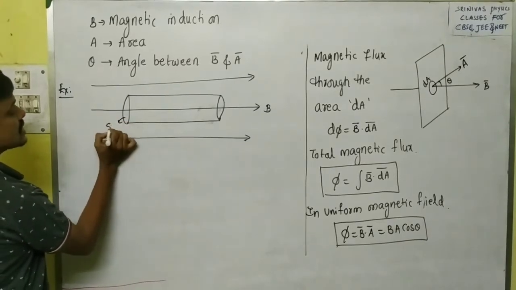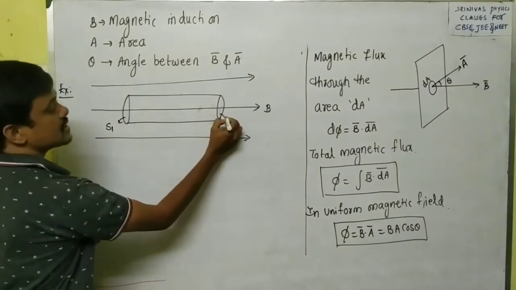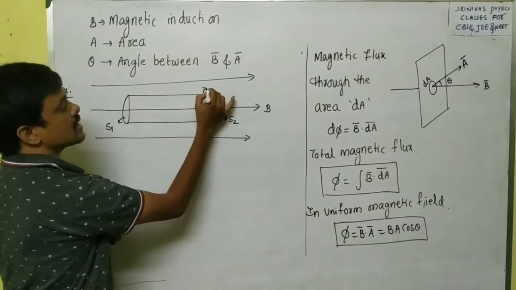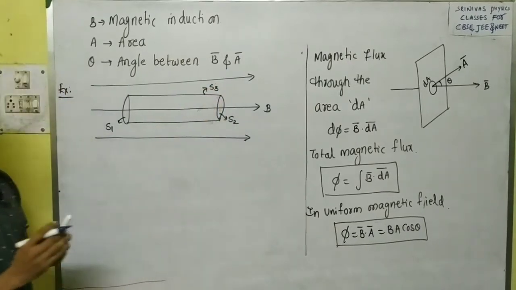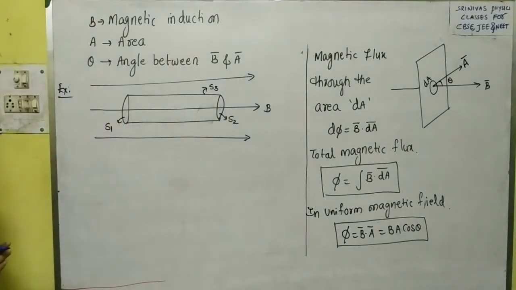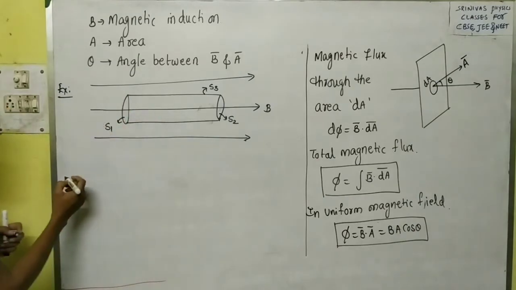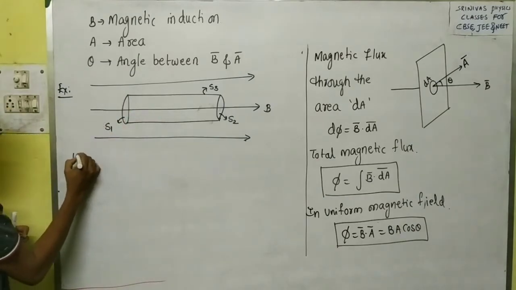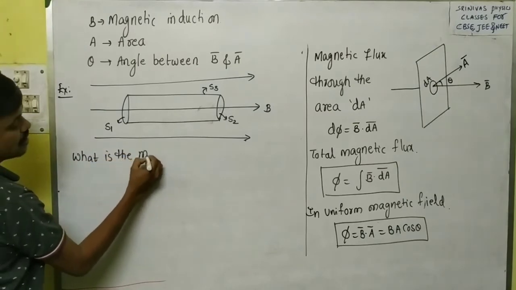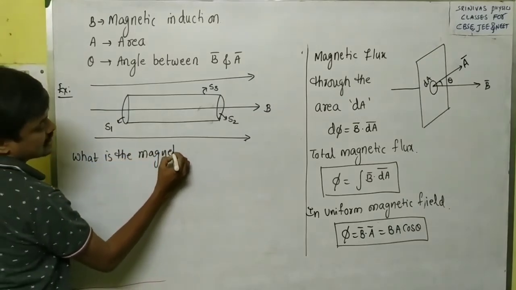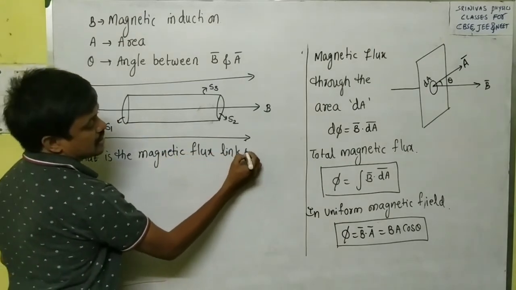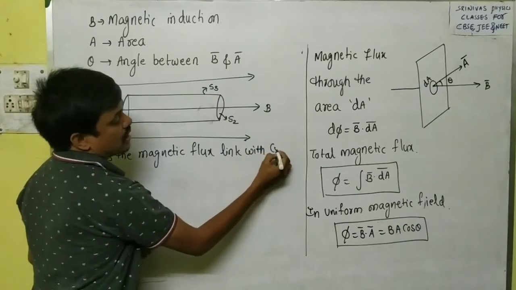The first surface is S1, the second surface is S2, the third surface is the curved surface, that is S3. I want the magnetic flux through each surface, and the magnetic flux linked with the cylinder. What is the magnetic flux linked with the cylinder? This is my question.